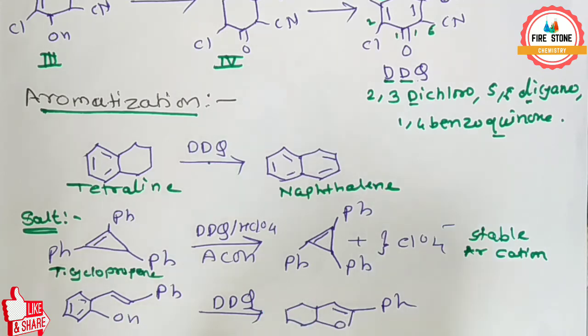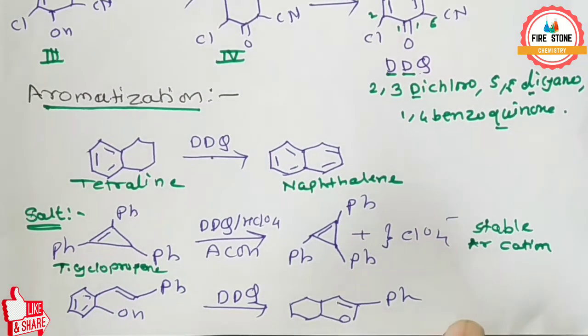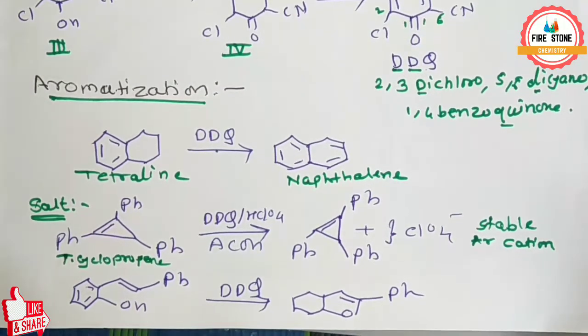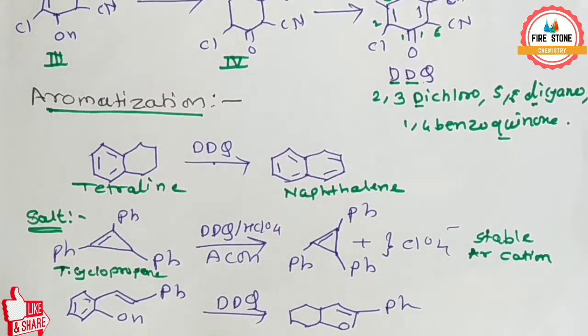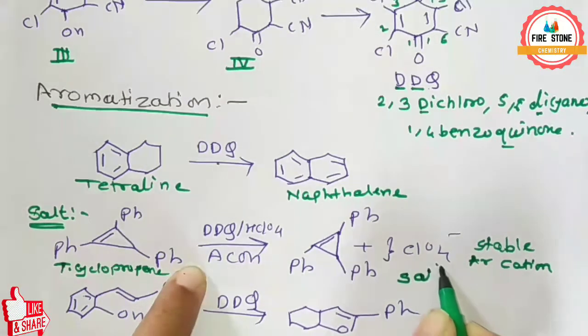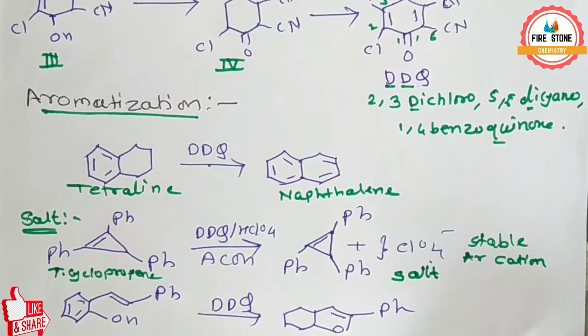Triphenylcyclopropenyl perchlorate is a cationic salt, and when positive and negative charges are on the same compound, we call it a salt, because salt formation takes place.